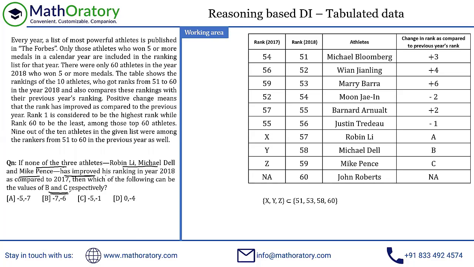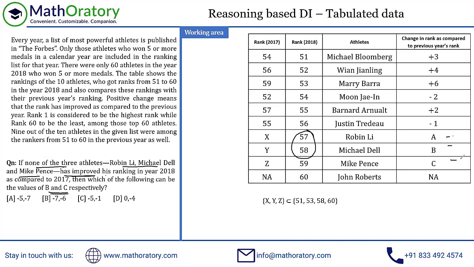Good question. See, I'm a little focused on this 57 and 58 to begin with. What I know is neither of these could pick up 58 and 60, because none of the three has improved. So indirectly, what it says is A, B, C have to be negatives. All of these have to be negatives.